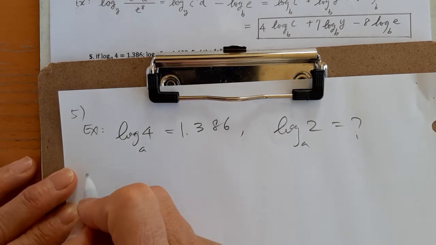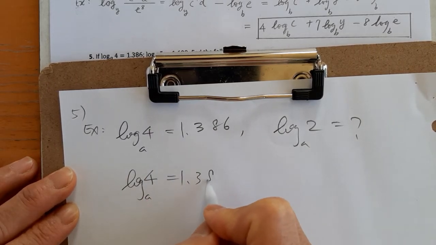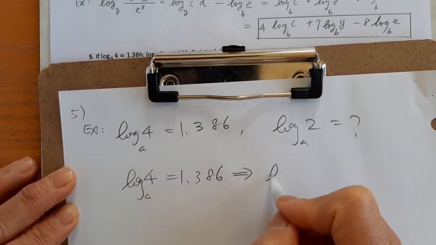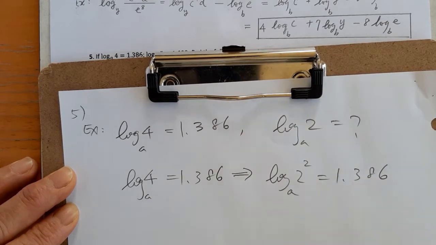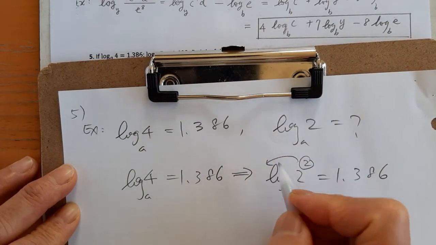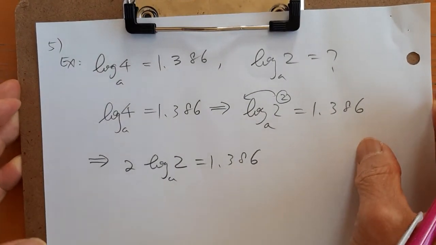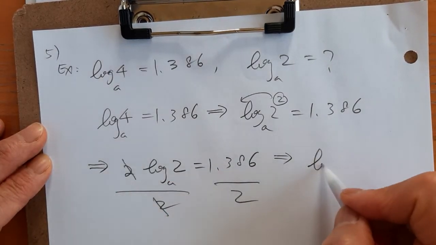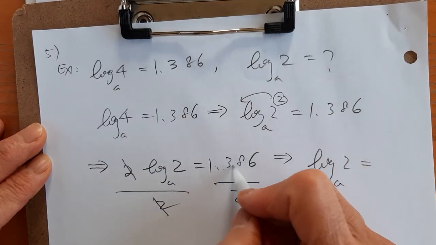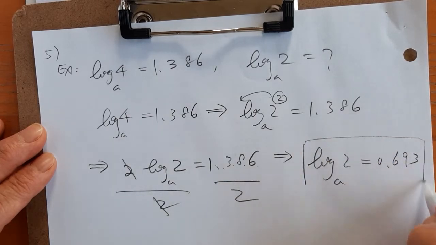Since log 4 is 1.386, and 4 is 2 squared, use the power rule. The 2 comes down, so you get 2 log 2 equals 1.386. Then you divide both sides by 2. The 2 cancels. So log 2 equals 1.386 divided by 2, which is 0.693.